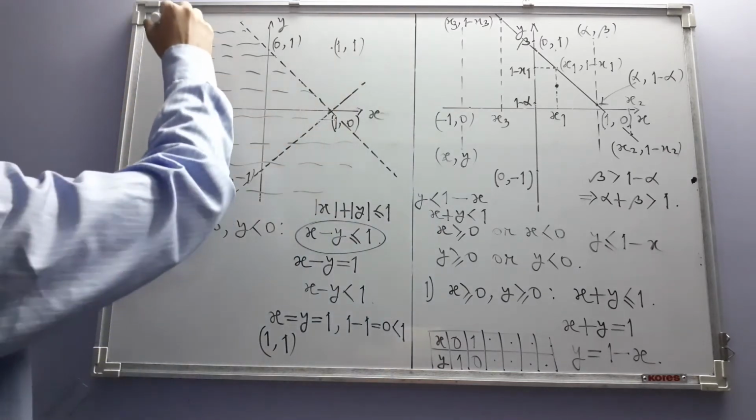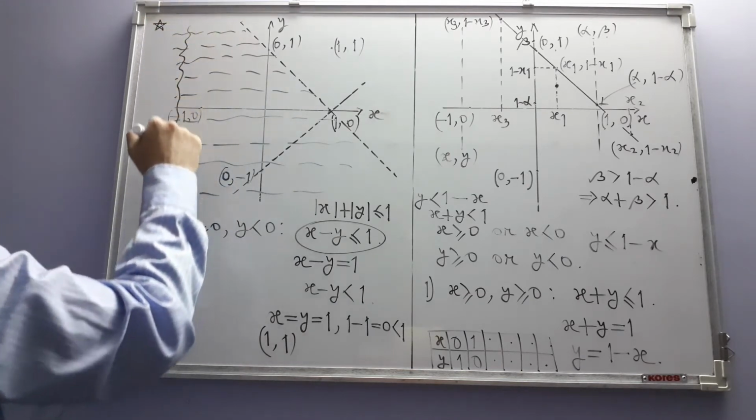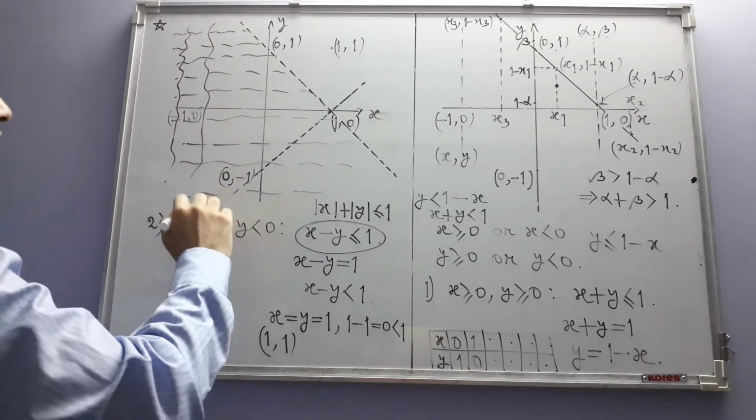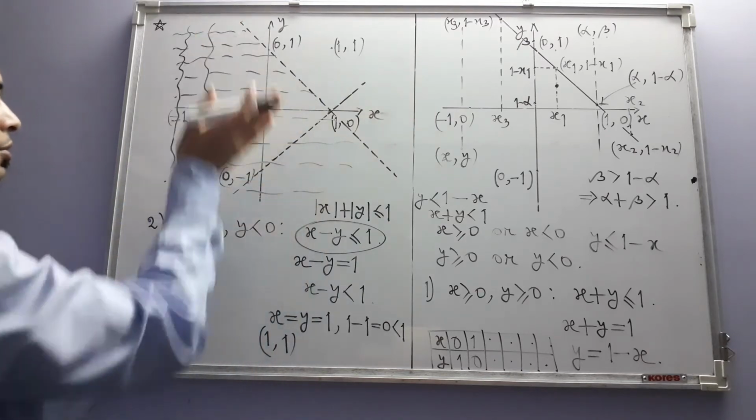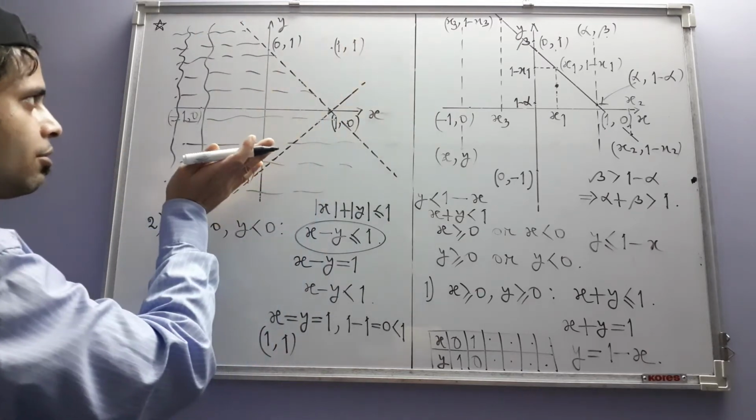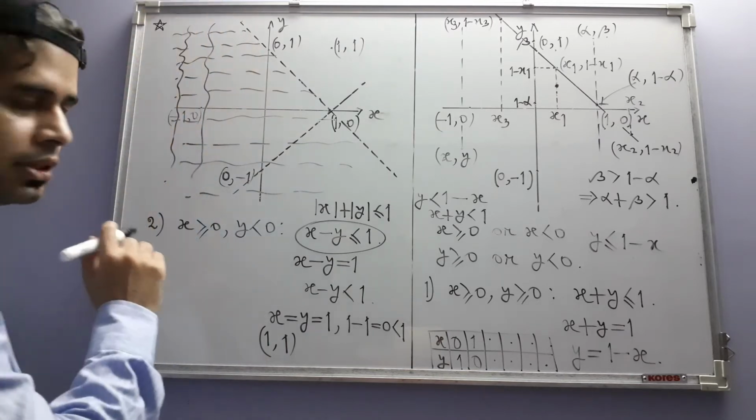So that means this is the side. Here for this line we have to consider the straight line and also all the points lying above it.